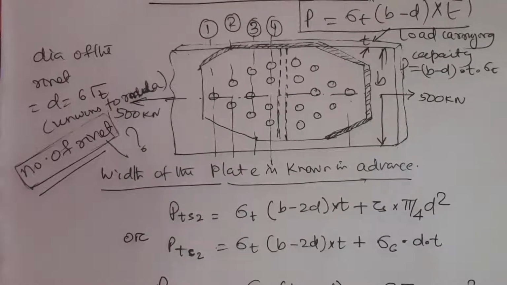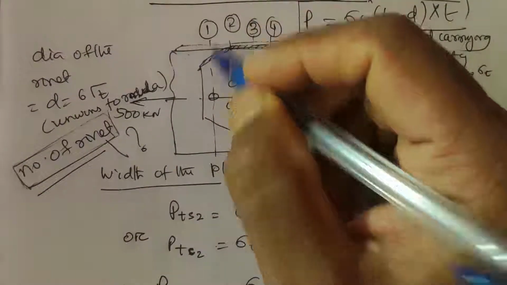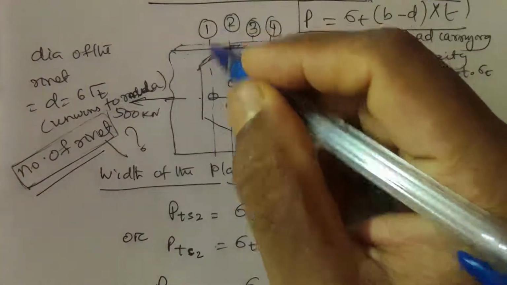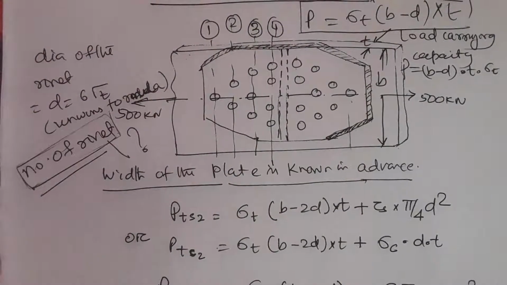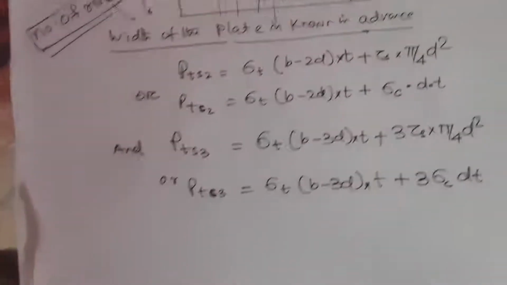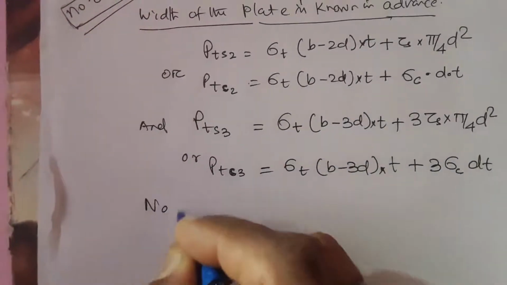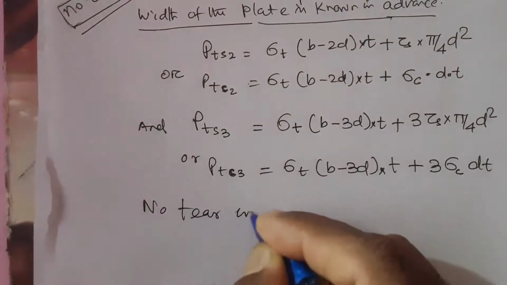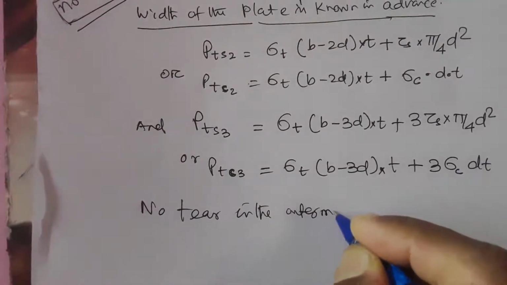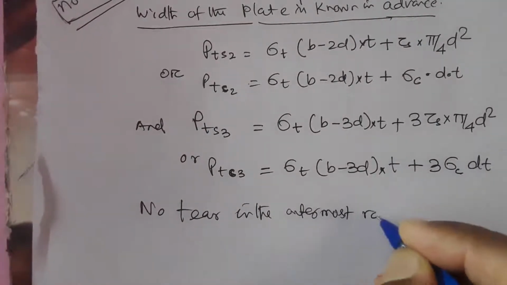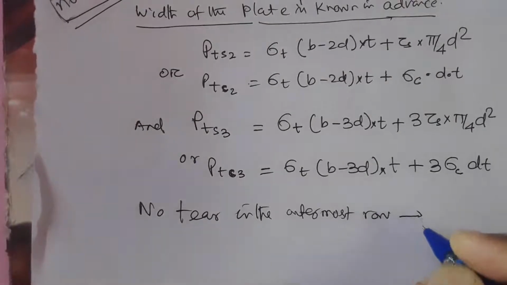The outermost row is this row, row 1, and we should design the joint in such a way that there is no tear in the outermost row. That is the design criterion.